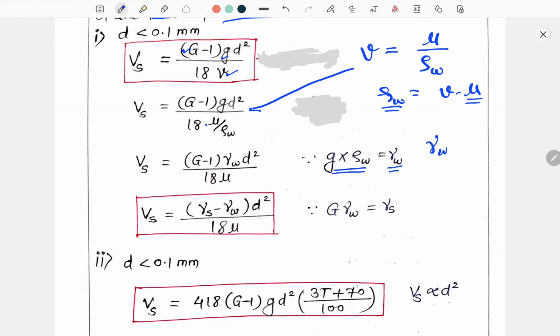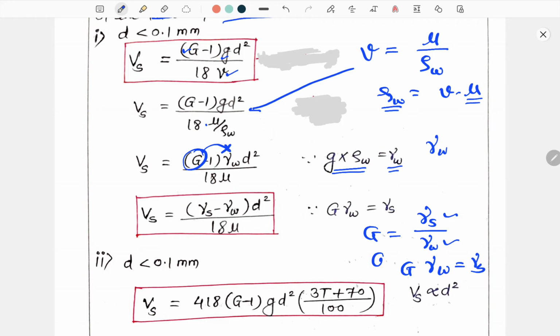Here also remember that specific gravity is equal to the unit weight of solid divided by the unit weight of water. So G = γs / γw. So G into γw is equal to γs.